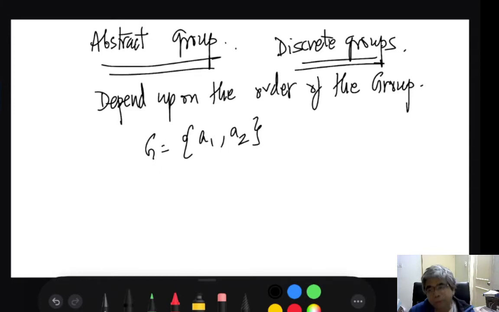What is the group multiplication law, for example? Let's take an example. So this is the abstract group. Now I want to look for what are called representations of this group.